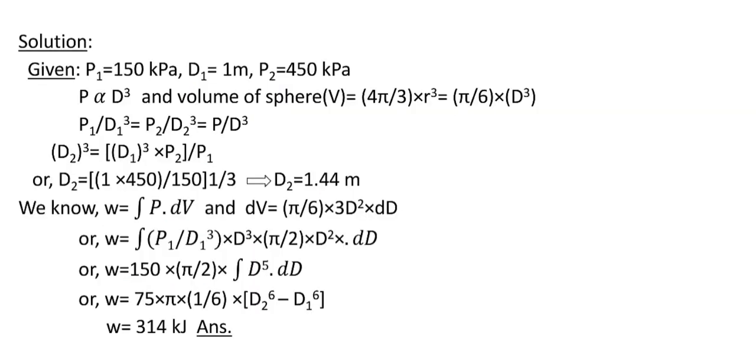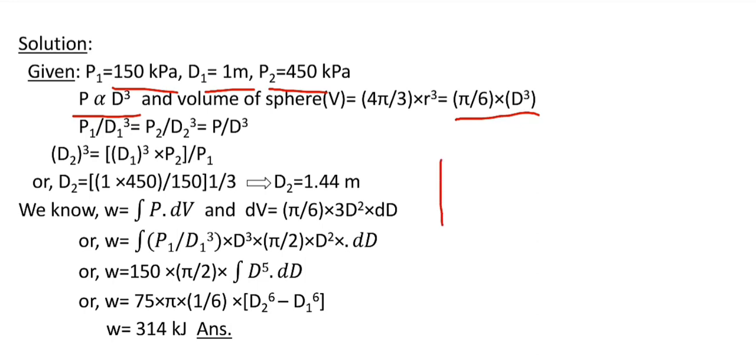Here the initial pressure, initial diameter, and final pressure are given in the question, and also that pressure is directly proportional to the cube of the diameter of a spherical balloon. And we know, friend, the volume of a sphere is 4/3 pi r cubed, and when you replace radius in terms of diameter, we get pi/6 d cubed.